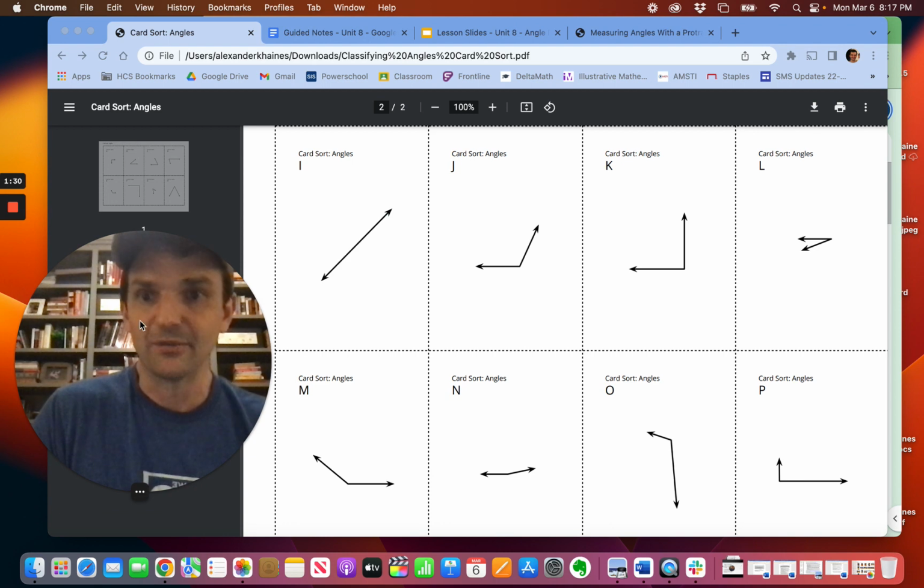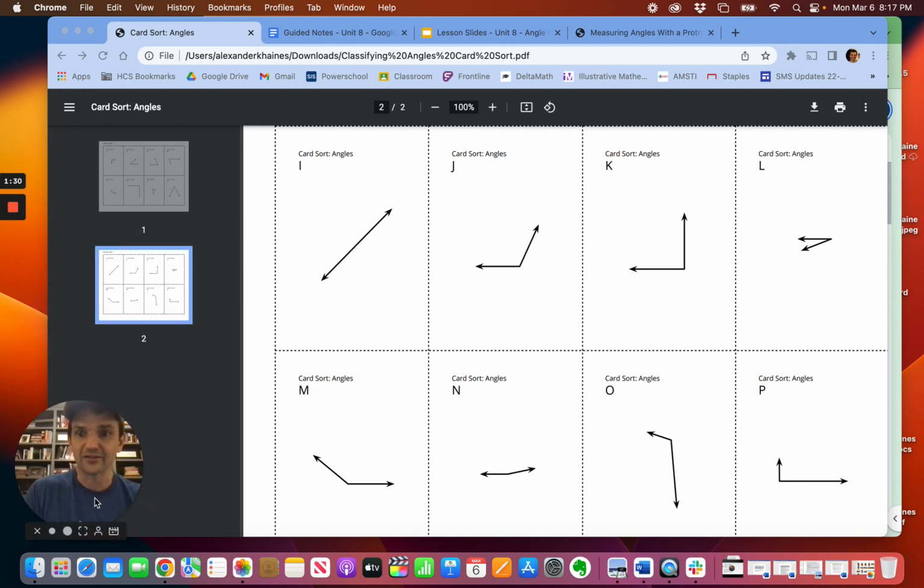I cannot recommend Illustrative Mathematics highly enough. They do great stuff. So I basically gave this to my students and said, cut out all 16 with a partner, and then between your two desks, lay them out from least to greatest. And I didn't say anything more than that. I just wanted to see what they could do. So they spent about 3 minutes doing that, and then we started talking about it.